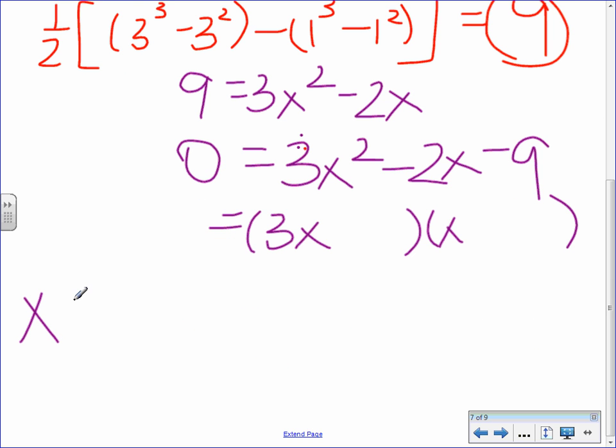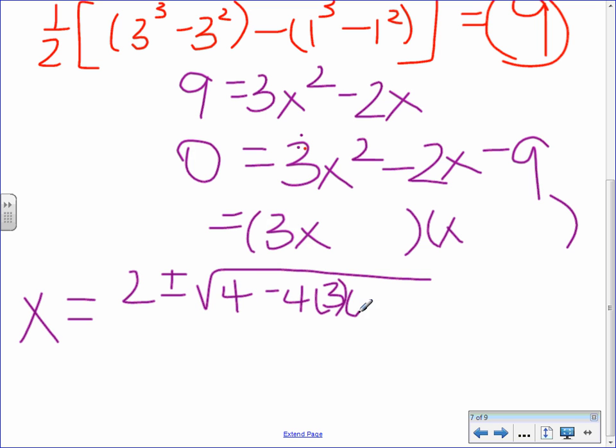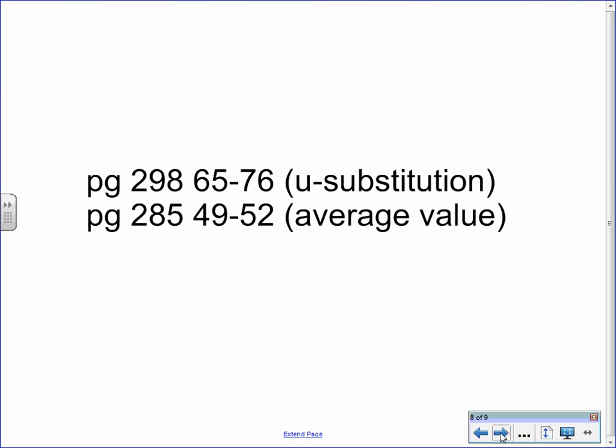So x equals negative b plus or minus the square root of b squared minus 4ac all over 2a. And you can find it that way. Now, because I have confidence that you all can solve the quadratic, here's your homework.